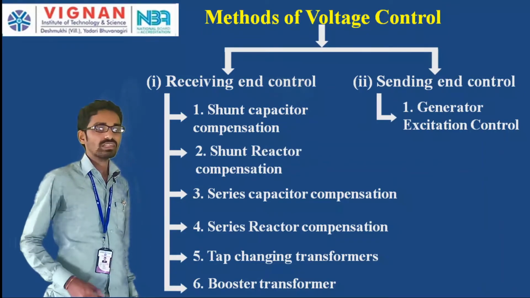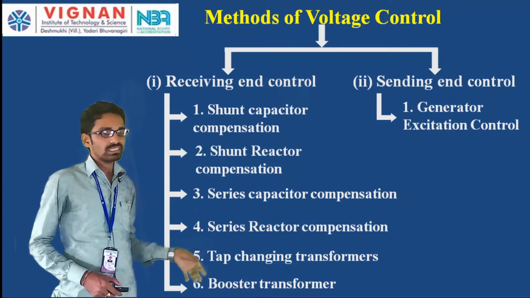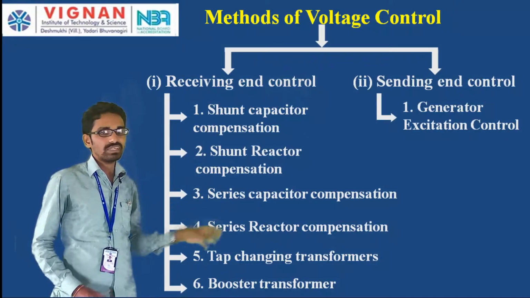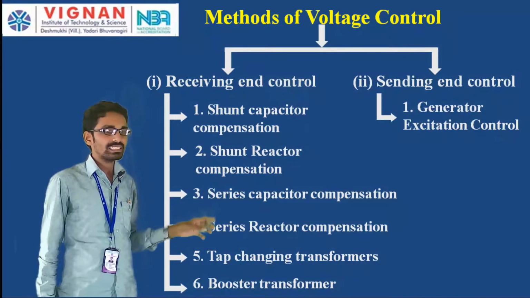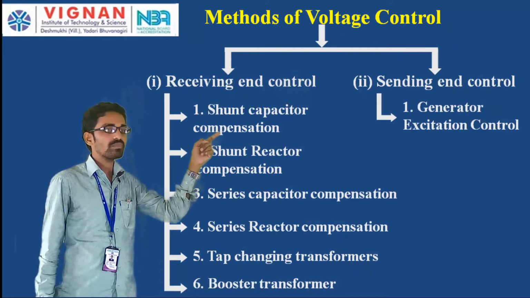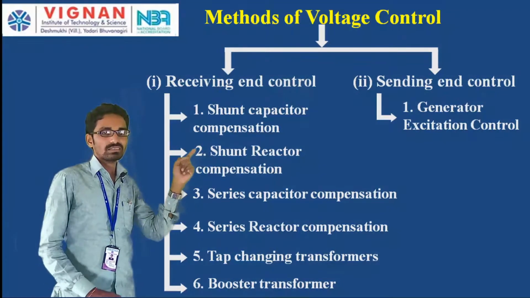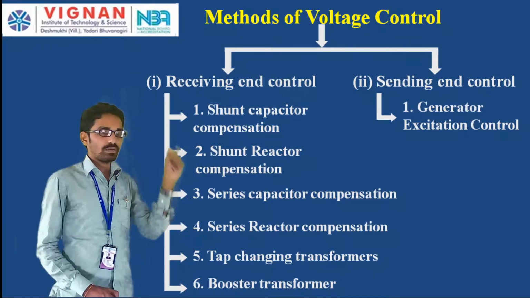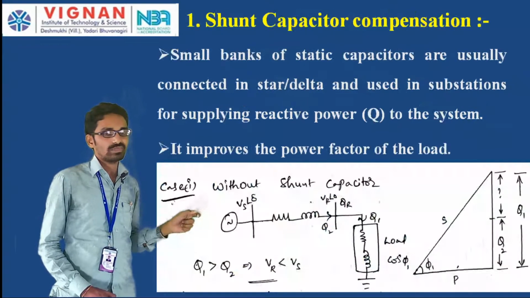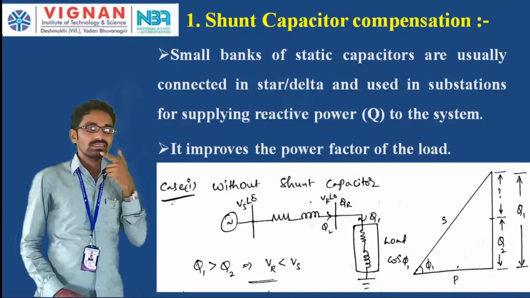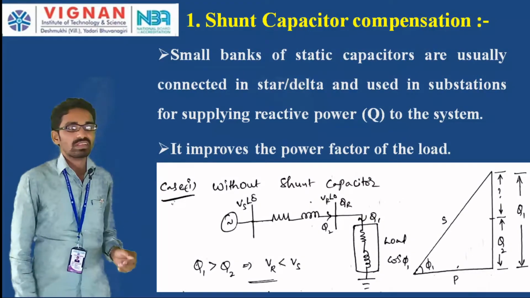If we go through these methods one by one, first we will go through the receiving end voltage control. In that, first we will see the shunt capacitor compensation, by connecting the capacitance in shunt.